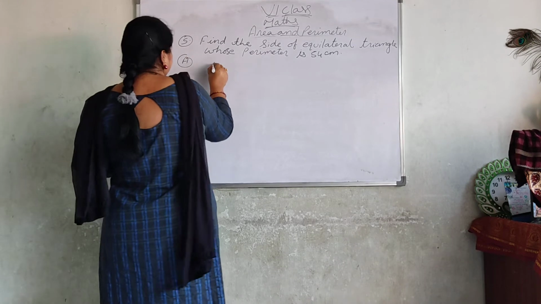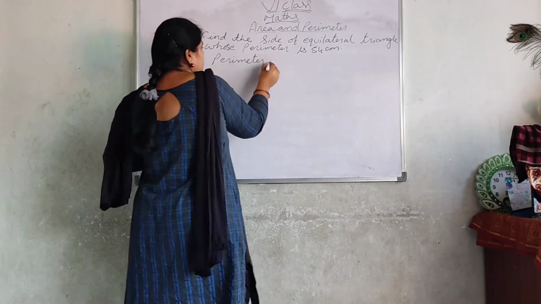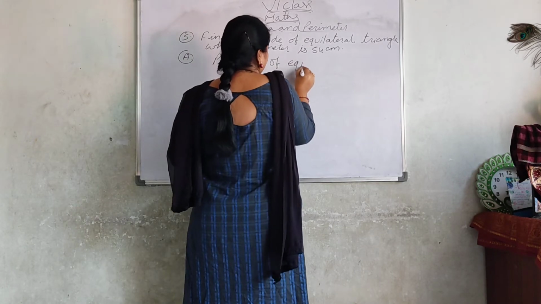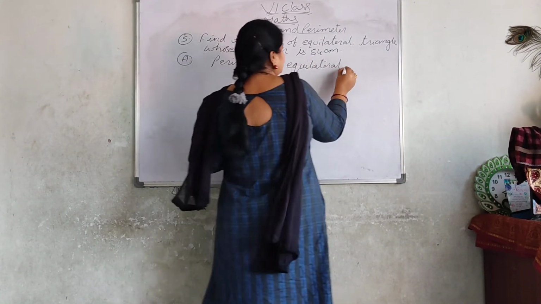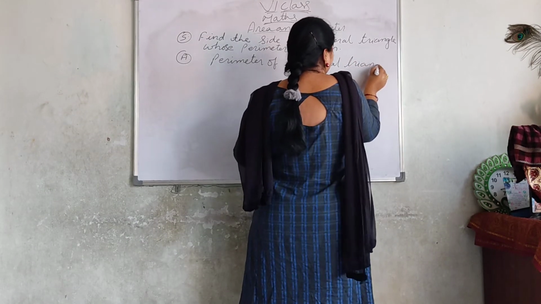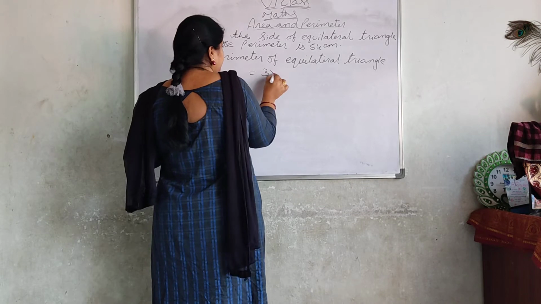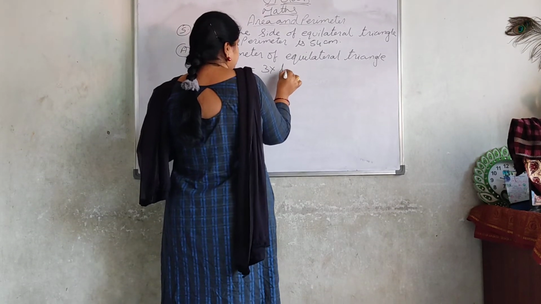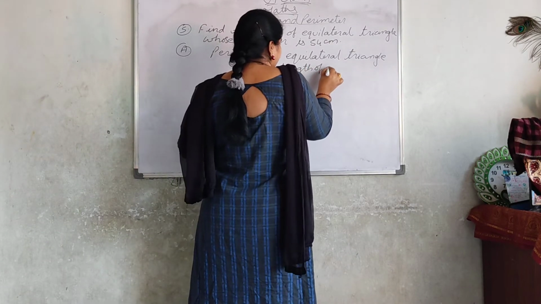So let us see here. Perimeter of equilateral triangle is equal to what? 3 into the length of its sides.